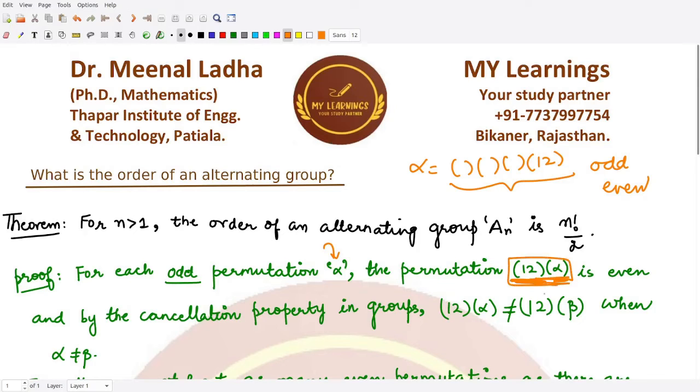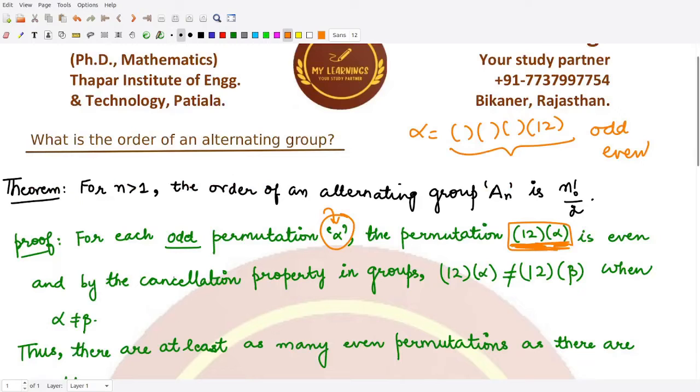Now for a particular odd permutation alpha, if we take another permutation beta which is not equal to alpha, then the transposition (1 2) composed with alpha is not equal to the transposition (1 2) composed with beta. They are not equal to each other, according to the cancellation property.